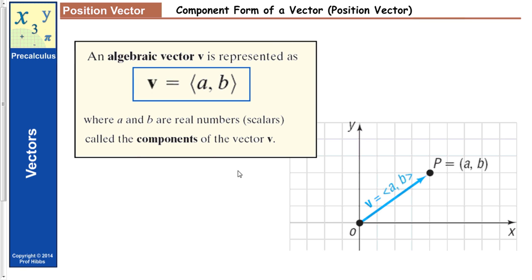So what we're doing is representing directed line segments with components. And this is the simple idea. If you think of a directed line segment, let's just look at this directed line segment here in blue. We have a beginning and an ending.